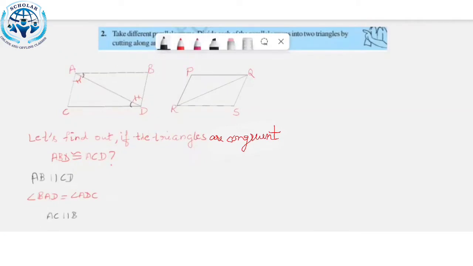Now AC is parallel to BD. Since opposite sides are parallel, so what will happen?